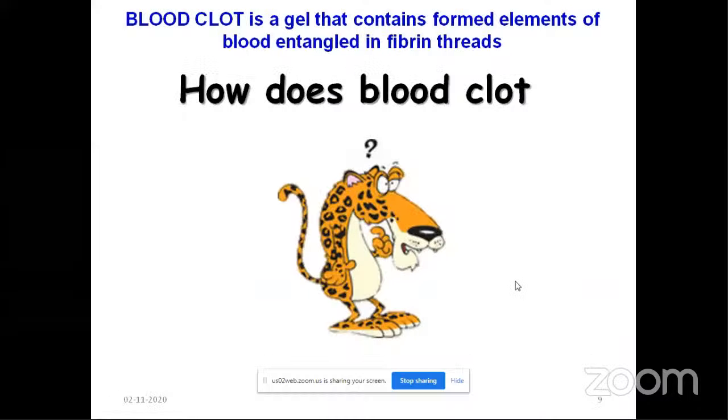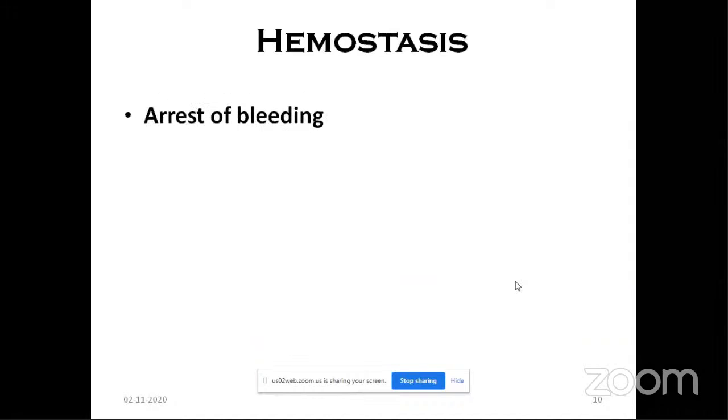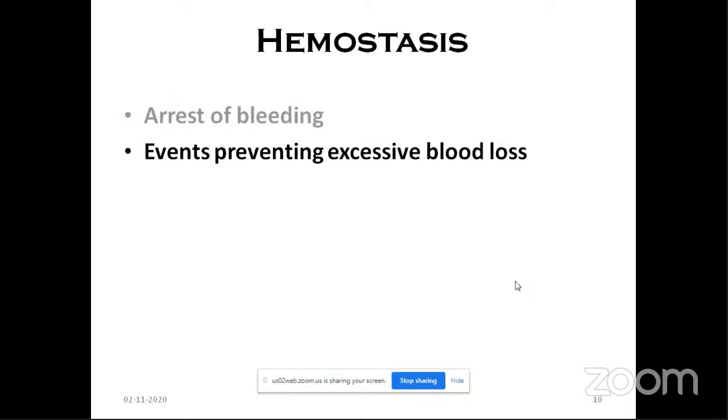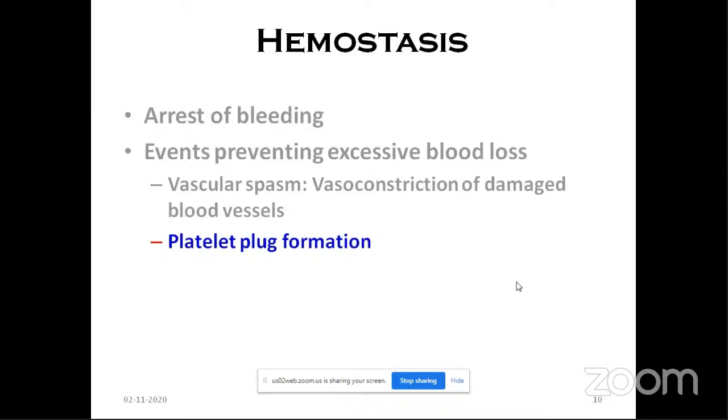So, how does the blood clot? How is the blood clot formed? Blood clot is formed by the process of hemostasis. Hemostasis means arrest of bleeding at the site of damage or trauma. Wherever there is mechanical or physical trauma, a number of events take place to curtail the blood loss, and there are three important events which occur: reflex vasoconstriction of the damaged blood vessel to reduce the blood leakage, then attraction of platelets to the site of injury and formation of the primary but unstable platelet plug, and last but not the least, coagulation or clotting of blood.